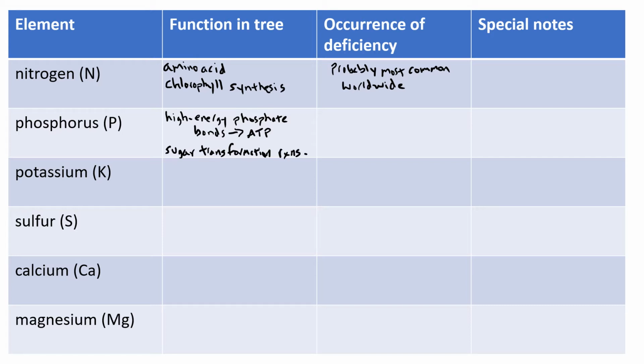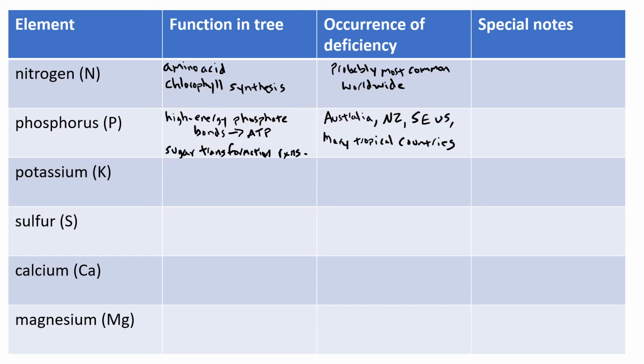In terms of deficiency, phosphorus is probably the second most common deficiency, and it can especially be a problem in Australia and New Zealand. It is a problem in the southeastern US and in many tropical countries. So phosphorus deficiency is pretty common.